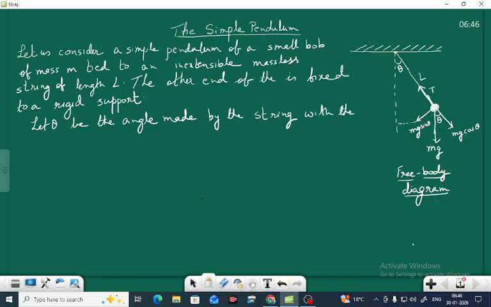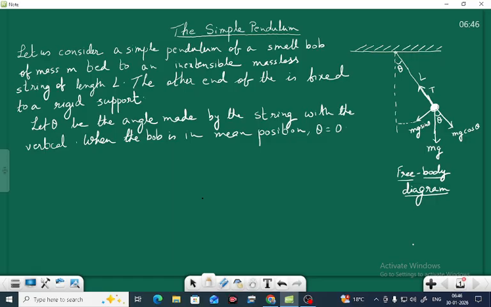This is the vertical line. When the bob is in the mean position, then theta at that time is equal to 0.